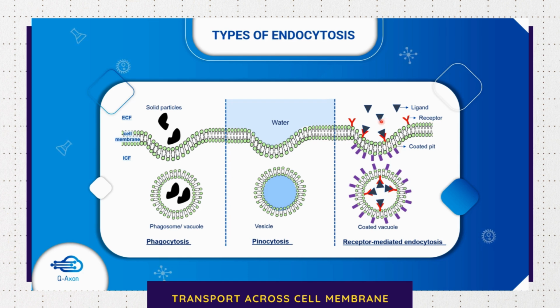As the ligands, the substances which need to be taken up, bind to the receptor, a vesicle starts forming, which is then pinched off from the cell membrane, and energy is used at the level of the pinching. This is the coated vesicle which is forming, and once it is formed, the clathrin gets separated from the vacuole and attaches back to the membrane. So this is clathrin mediated endocytosis.